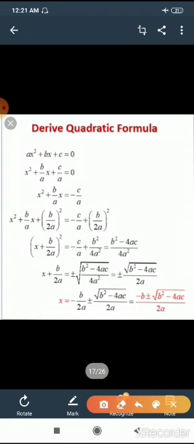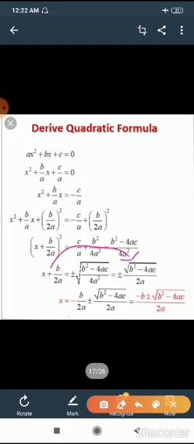So now to get the x value, find the square root. x plus b by 2a will be equal to plus or minus square root of b square minus 4ac by 4a square. The square root of 4a square is 2a. Now to get the x value, bring this b by 2a to the right side.